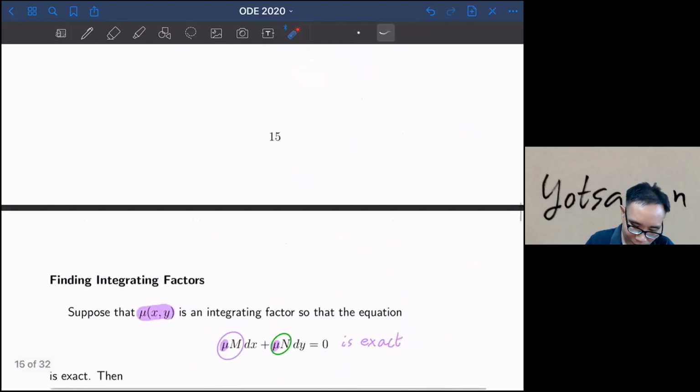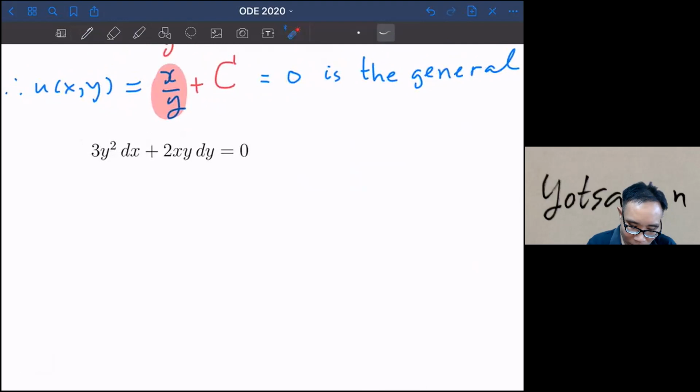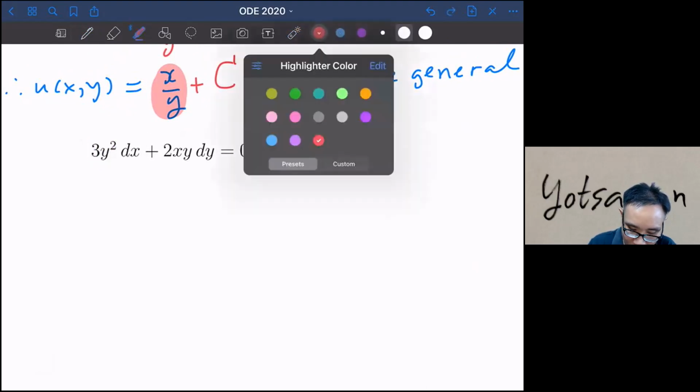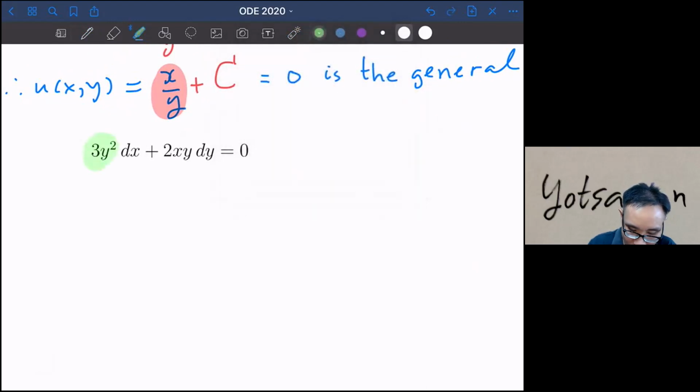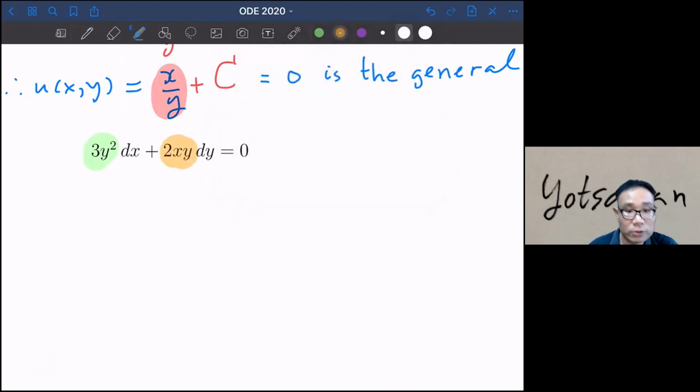Okay, let's do this one. So when you have this one, you have your M and you have your N. Let's use some color. So let's use the green and the blue one. So let me choose the one that is not quite close. Okay, so I use the green and the blue one like this.